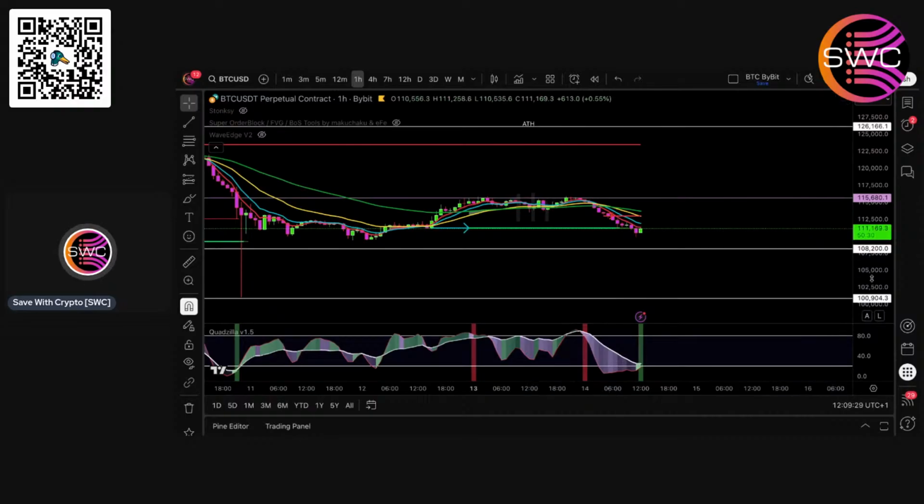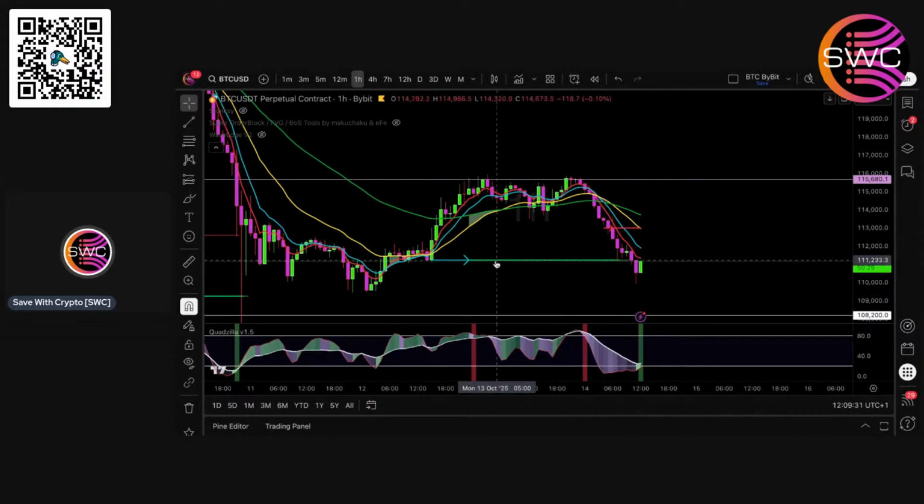Now, Quadzilla also drew in this level here, and we knew about that yesterday. We talked about that in the live stream yesterday. And generally what happens with Quadzilla, with these retracement lines, is the price does come down. It does undershoot the level and then come back up.